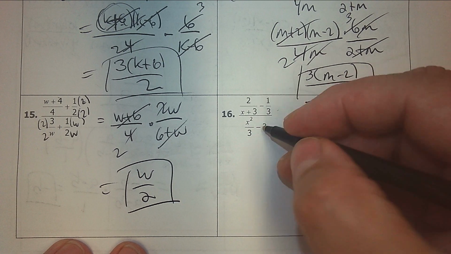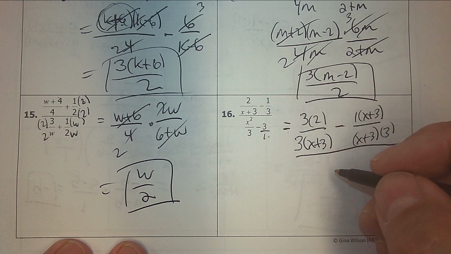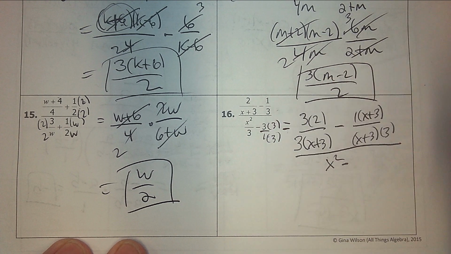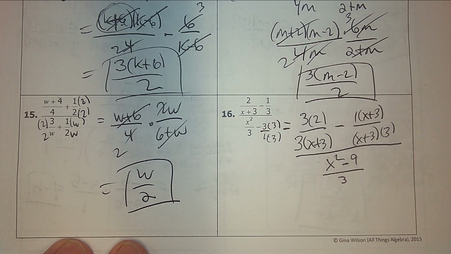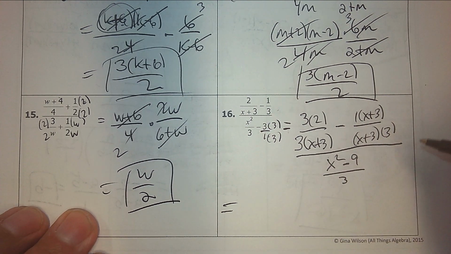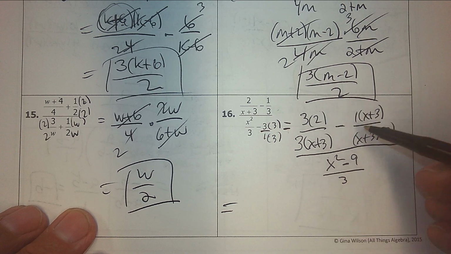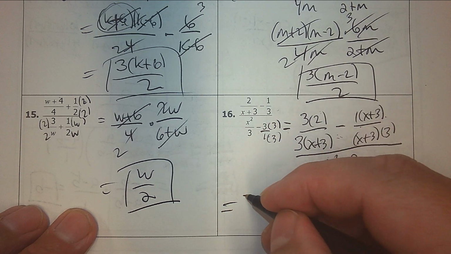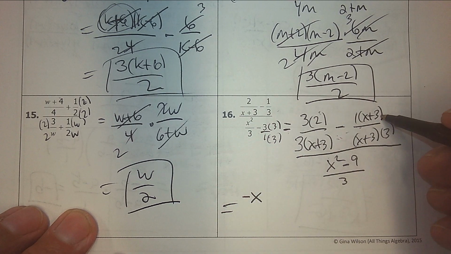Here, we need a 3 top and bottom, so it's x squared subtract 9 over 3. Then we're going to write this with the reciprocal. So let's combine some things together here. So 6 subtract x subtract 3. So 6 subtract 3, so we have a negative x, and 6 subtract 3 is 3.